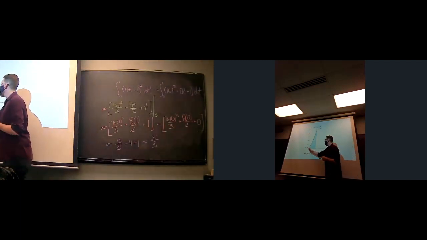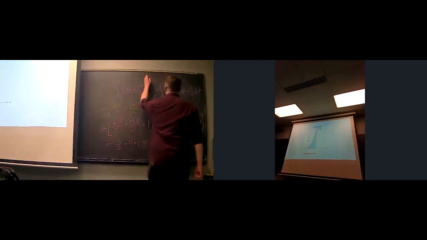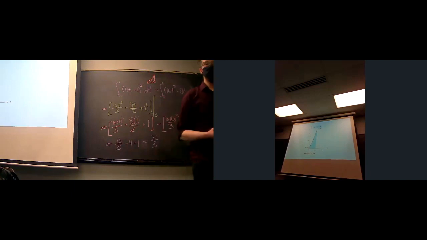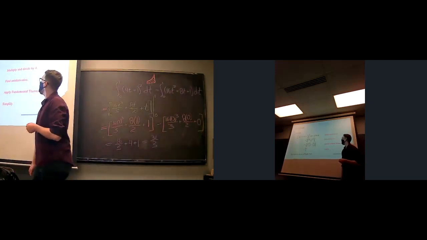So looking back and just checking everything we've done, what we found is the area under this weird shape. It's going to look something like this. And that area comes out to be, after we do all the integration, 31 over 3.